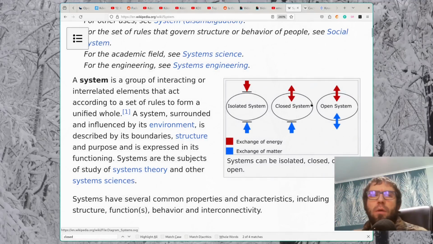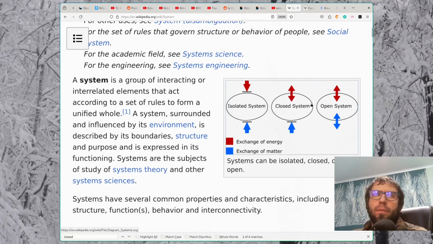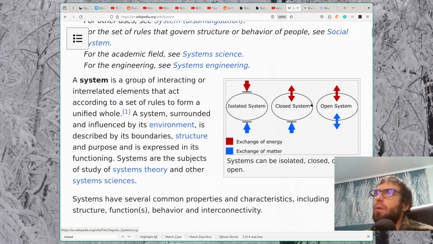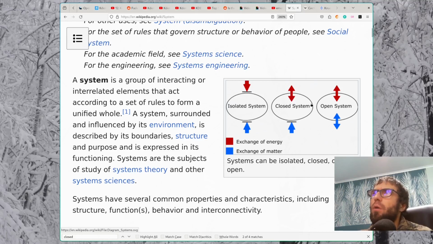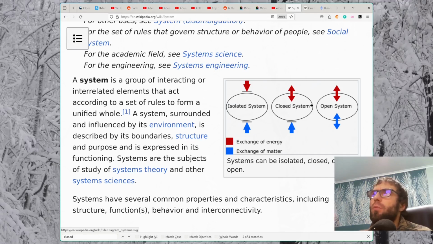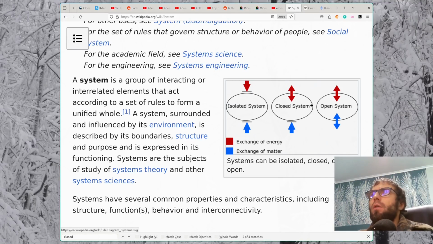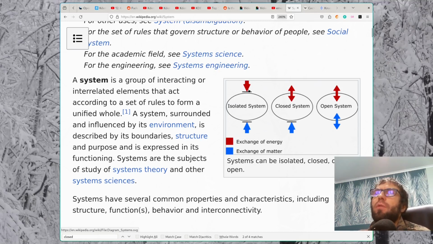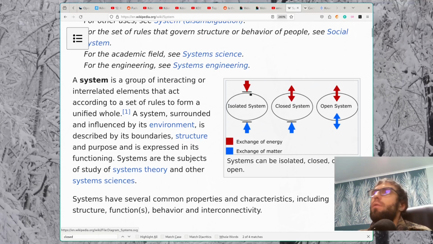I think the closest object is a black hole, but a black hole consumes matter. At its input it has matter and energy, but at least at output it doesn't produce anything.